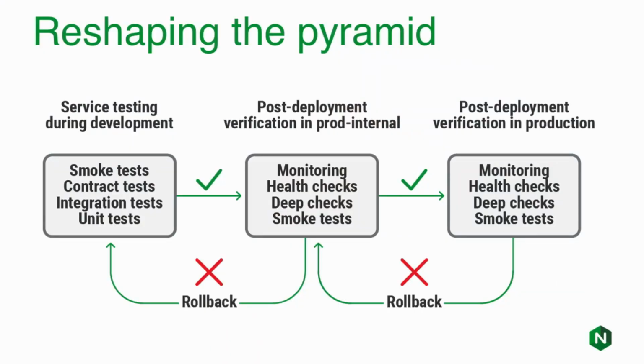We're shifting things to the left, where you have your smoke tests, your contract tests, unit and integration, and then you deploy into a real environment together with all these little bits and pieces, and then you put monitoring in place. Monitoring is not only for production. You can learn a lot about your internal traffic. You can put synthetic transactions in place so that you can actually predict and extrapolate. So it's not only about production. I am not saying that.